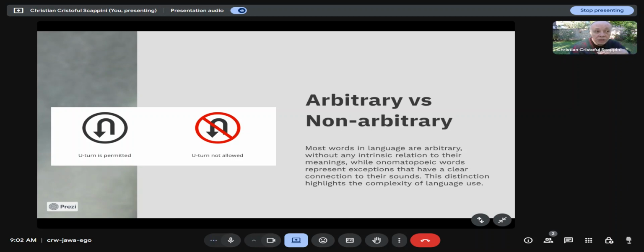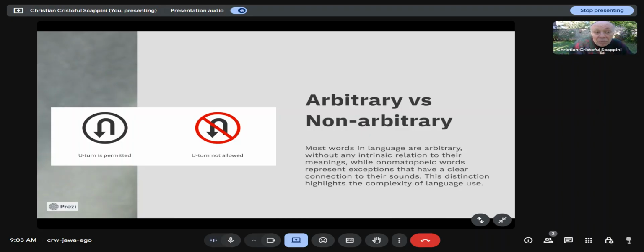Conclusion then, if we listen to more languages, we might get surprised and probably we will not know. That means that, and listen to this carefully, even onomatopoeic sounds are arbitrary. Most words are arbitrary.